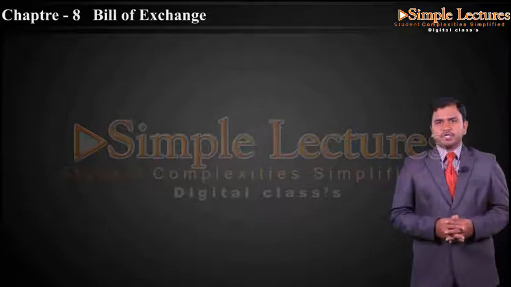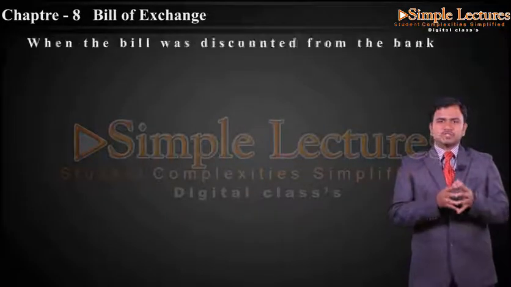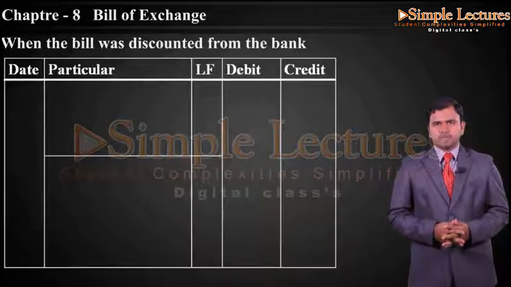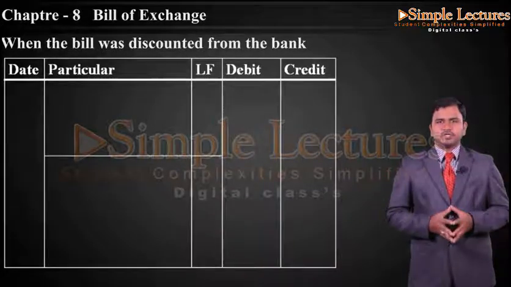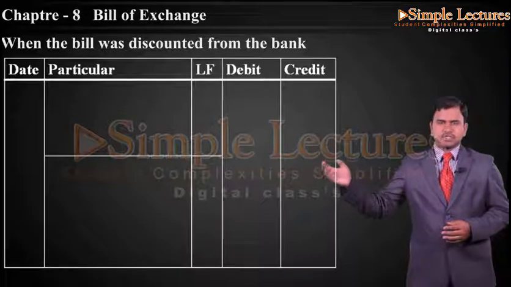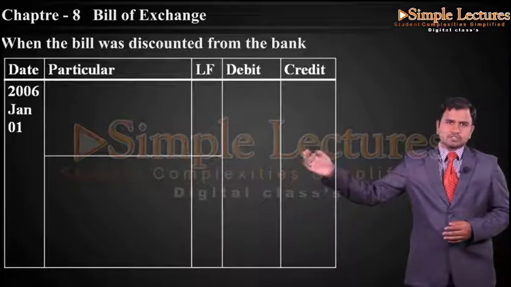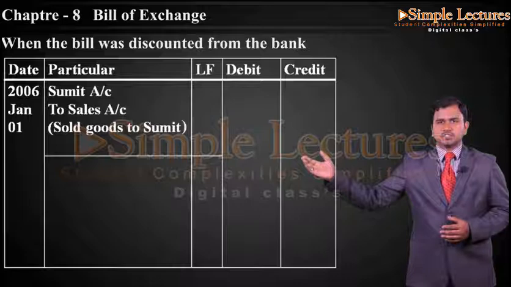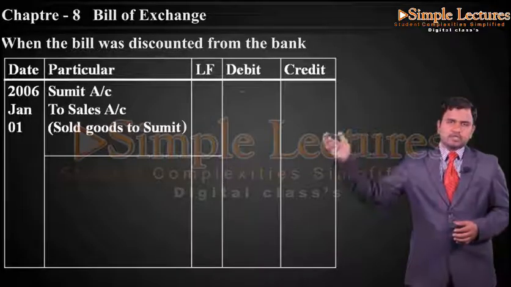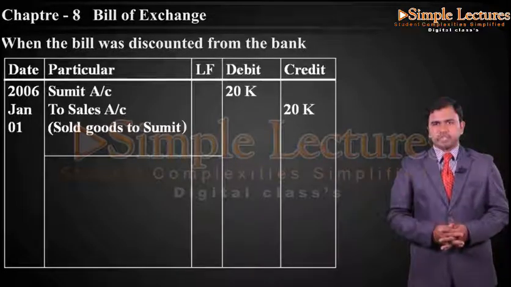Coming to the second case, when the bill was discounted from the bank. What are the journal entries we are going to pass? The first journal entry is for the credit sales, where the entry remains the same. 1st Jan 2006, Sumit account debtor to sales account, narration being goods sold to Sumit on credit, 20,000 debit and 20,000 credit.